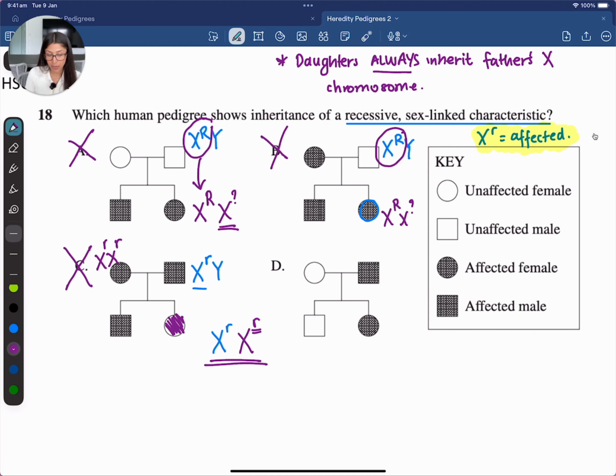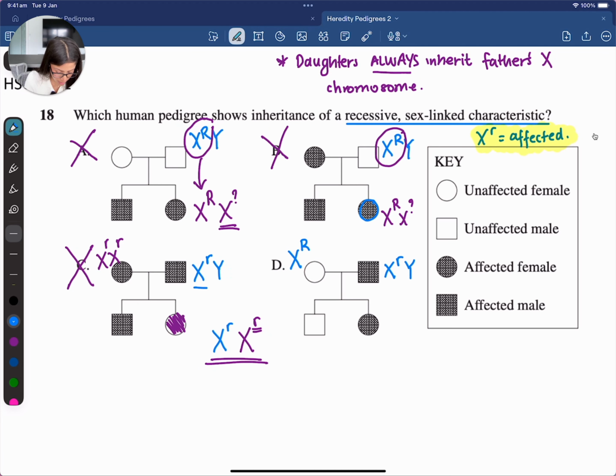And lastly, let's have a look at D. So this one should work perfectly since it's our last option. So the female here is unaffected, the male is affected. So the male is going to have the little r and the Y. The female is unaffected, she definitely has a capital R as an allele. I'm not sure yet what the second allele is going to look like, so I'll leave it blank for now.